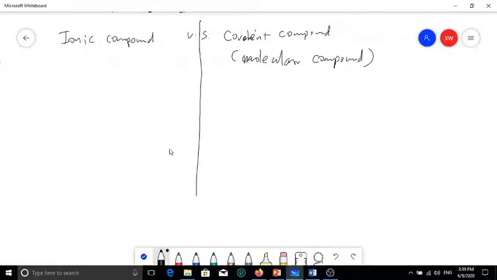We're going to split this in two. Sodium chloride, which is a typical example of ionic compounds.